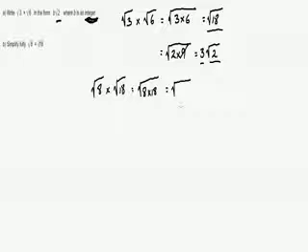Now 8 18s are 144. Now, I, being a nerd, happen to know the square root of 144 is 12, because 12 12s are 144. So that's my answer. My answer is 12.